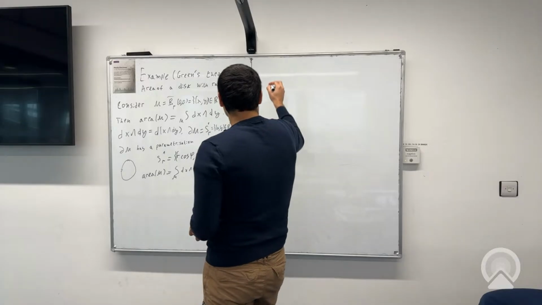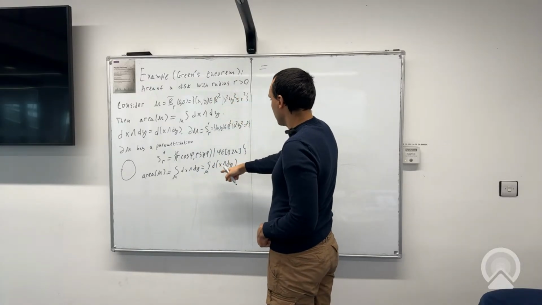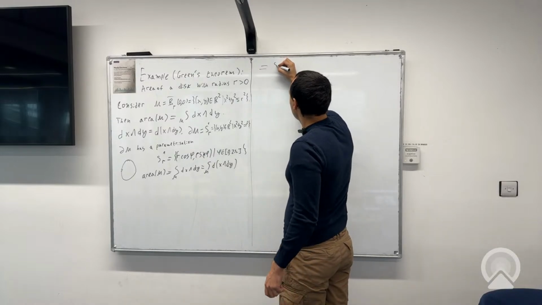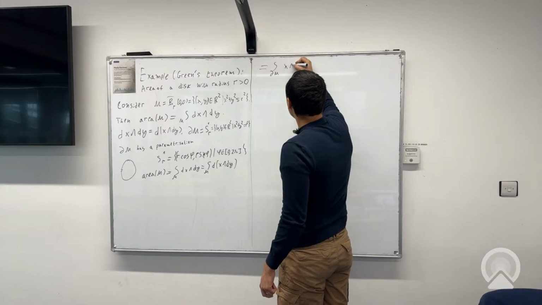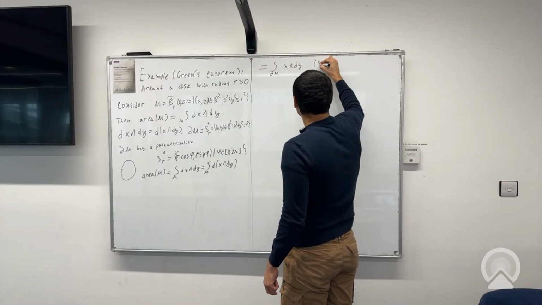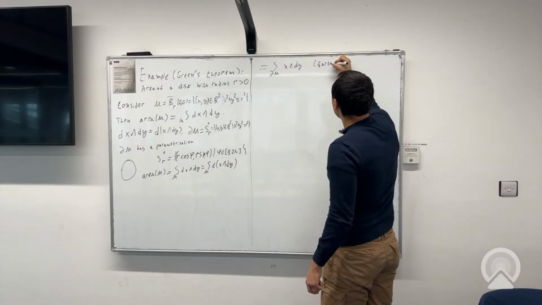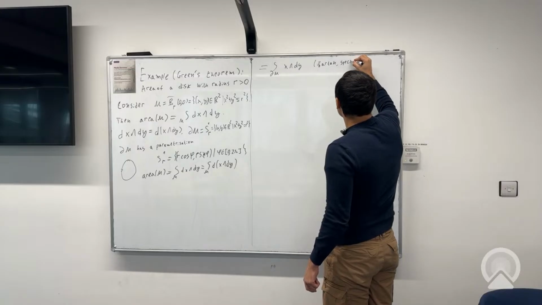Now we are using Stokes' theorem. So this is the integral over the boundary of M of x wedge dy. This is Stokes or Green. So I will call it Cartan. And specifically, Green.